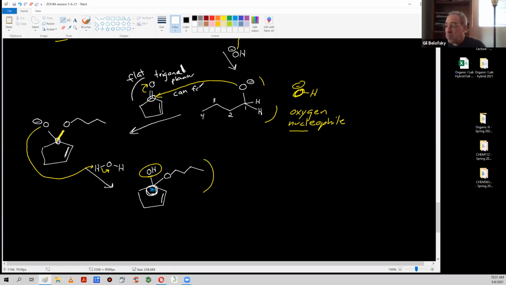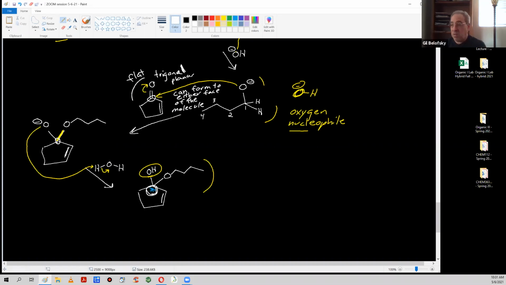Can form to either face of the molecule. Squeezing this in here. And so because it can form with equal likelihood to either face of the molecule, since it's flat, there's no preference.